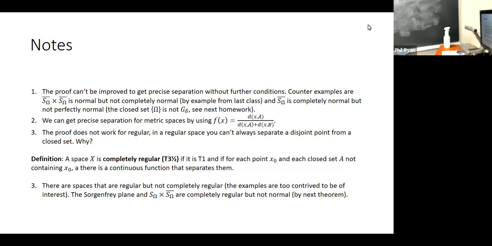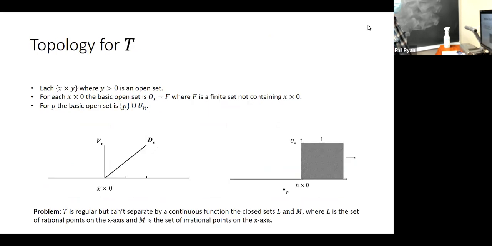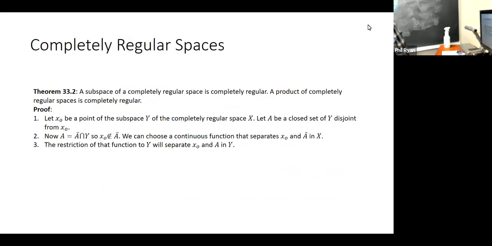RL is normal, and the closure of S infinity is normal. So therefore they have to be completely regular, so their product has to be completely regular. And the proofs aren't that difficult.